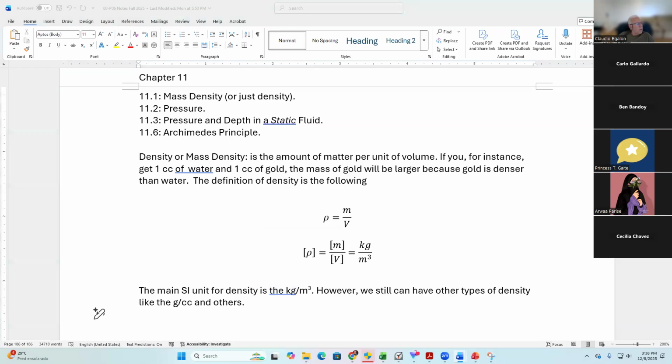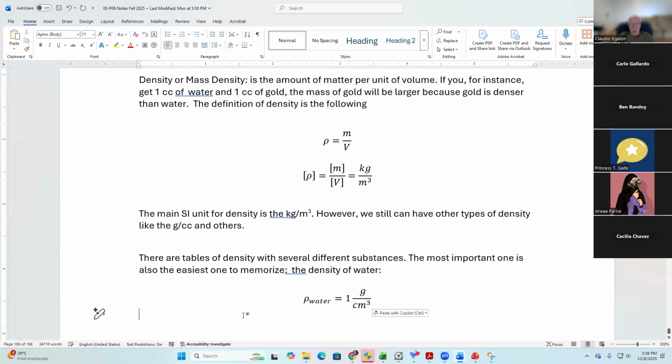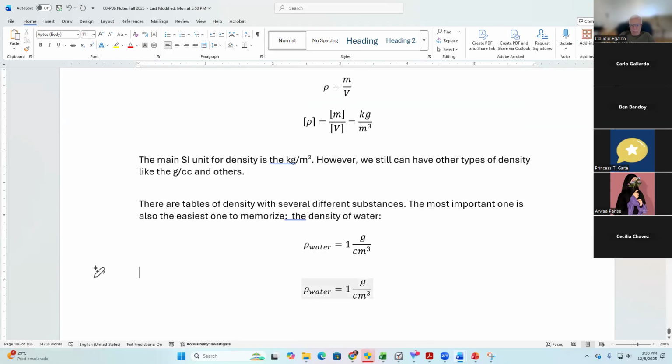The density of water is the standard, the reference for every other density. The density of water is 1 gram per cubic centimeter. And we can translate that into kilograms per cubic meter, okay? How do we do that? You just write the grams in terms of kilograms. 1 gram is 10 to minus 3 kilograms, right?